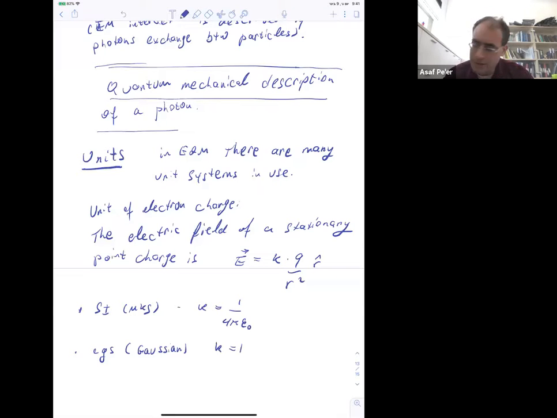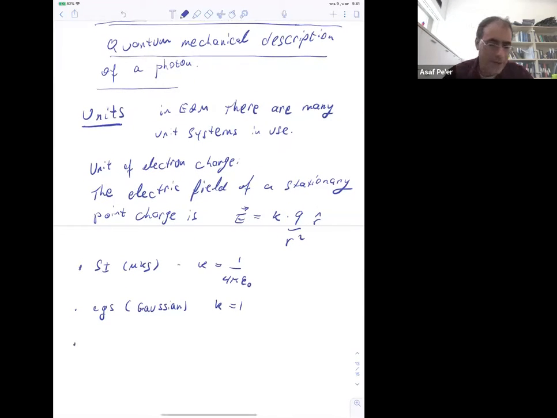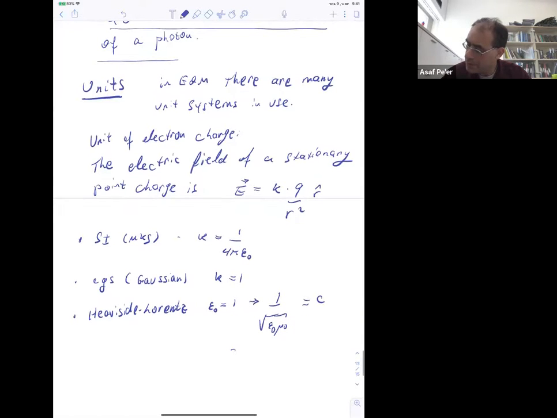But the units that we love for some reason are the Heaviside-Lorentz units. In Heaviside-Lorentz units, epsilon 0, the vacuum permittivity, is 1. Since 1 over the square root of epsilon 0 mu 0 is C, and C is equal to 1, we end up with mu 0 also being 1.